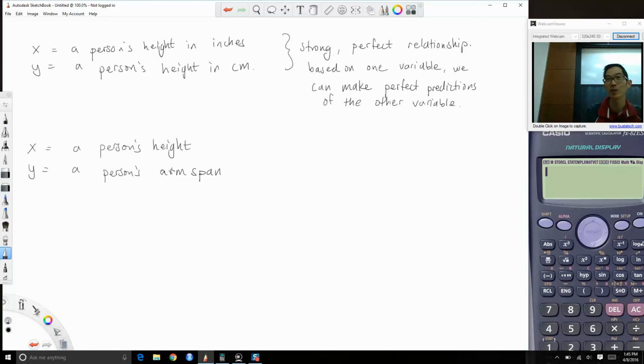Some people have relatively long arms, okay? And we see these extremes show up in sports and athletics where you expect certain things and whatnot. But in general, taller people are going to have longer arm spans, and you can make pretty good predictions about someone's height based on their arm span and vice versa, okay? So this will be a strong relationship. Okay, some scatter, but not a whole lot.